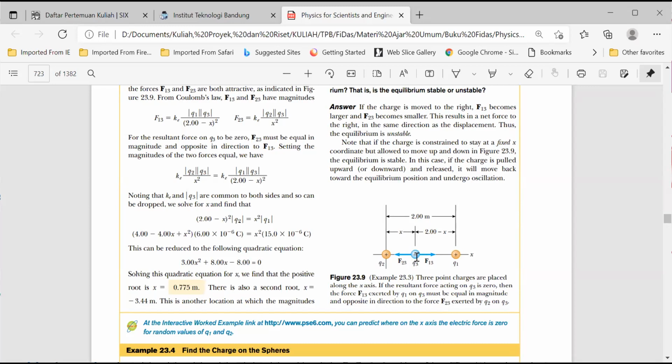So the magnitude of F13 and the magnitude of F23 should be equal.